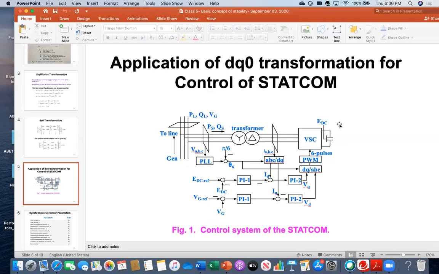So now the thing is how the control system for this STATCOM works with the help of the DQ0 transformation. So that is the thing. You see what is being done from here, from the three-phase system, you see VABC. So when it is VABC, this means it is the three-phase quantity, and that is the time domain function.